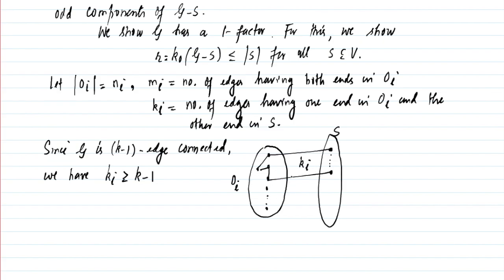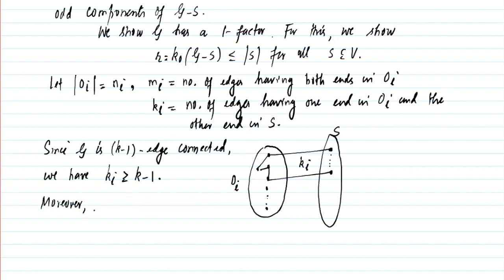So we require at least k minus 1 edges to be removed so that the graph becomes disconnected. Suppose instead that ki is less than k minus 1. Then if we remove all those ki edges, it will leave the component Oi disconnected from the graph G, and that will be a contradiction to the fact that G is k minus 1 edge connected. So ki, the number of edges from Oi to S, must be at least k minus 1.